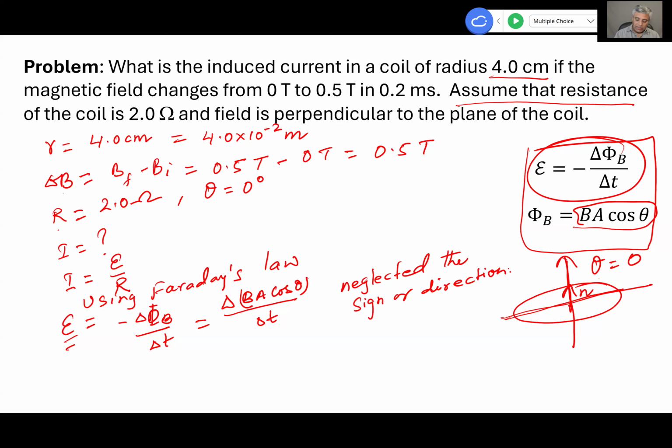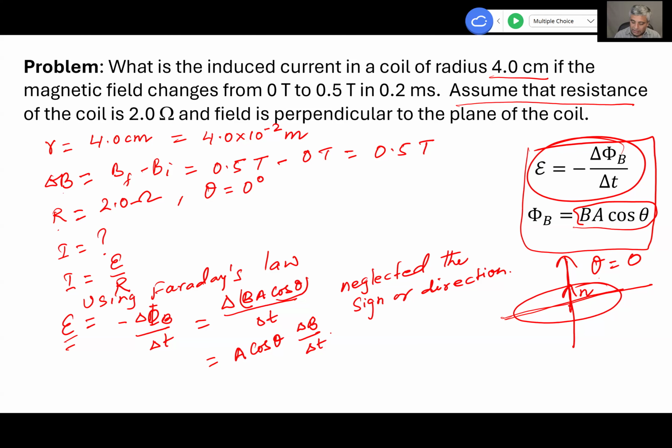Now see how we can handle what is changing. With time, in this case, what is changing? B is changing. Is area changing with time? It's not. That means we can pull that out from that delta change. Similarly, cosine theta, the theta is also not changing, so we can pull that out. So the only thing that's changing is just this magnetic field.